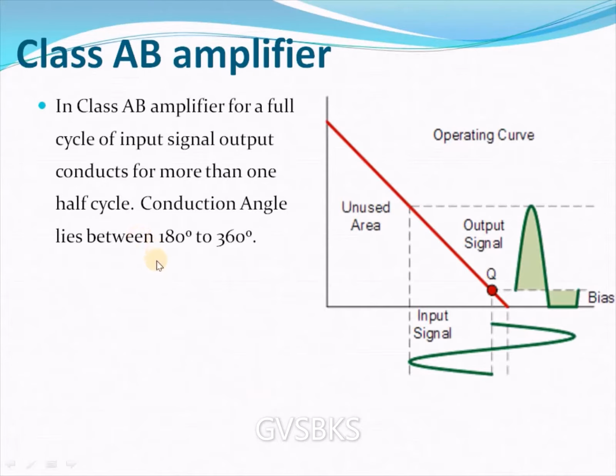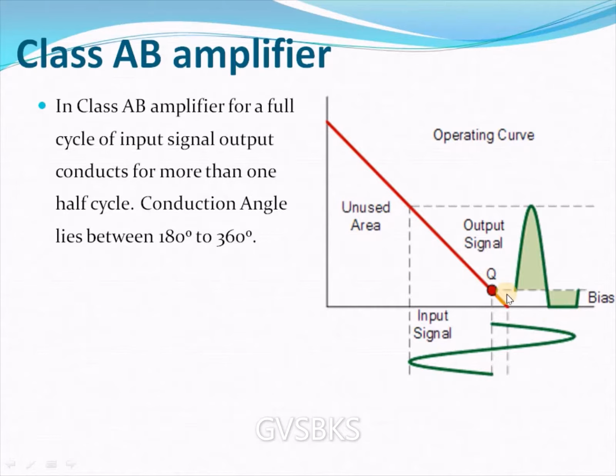In class AB type of power amplifiers, for the full cycle of input signal, the output conducts for more than half cycle. Therefore, the conduction angle lies between 180 degrees and 360 degrees. So it is more than 180 degrees conduction and less than 360 degrees because some portion is missing at the output side.